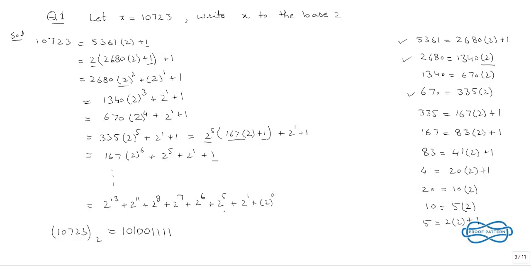But the coefficient is 0 for 2 to the power 4, 2 to the power 3 and 2 to the power 2. So we have 3 zeros. Then 2 to the power 1 has 1 and 2 to the power 0 has 1. So this is the representation of the given number with base 2.